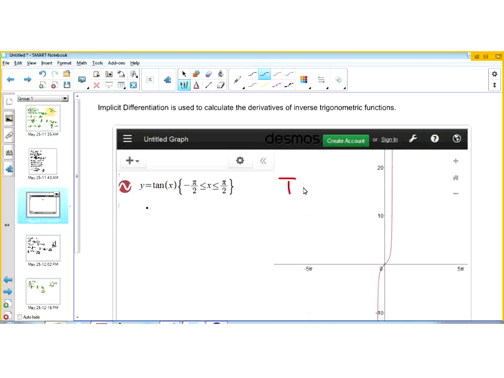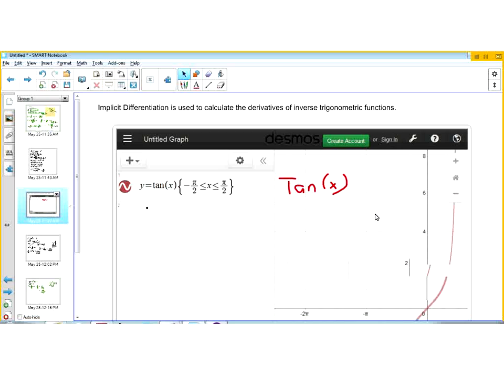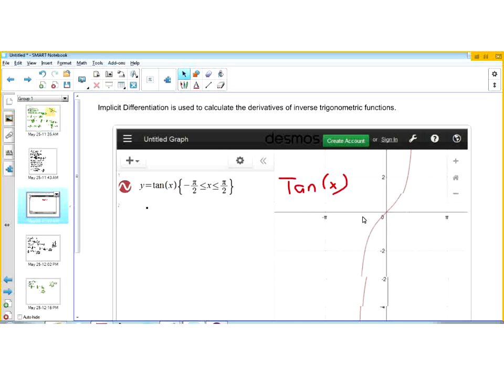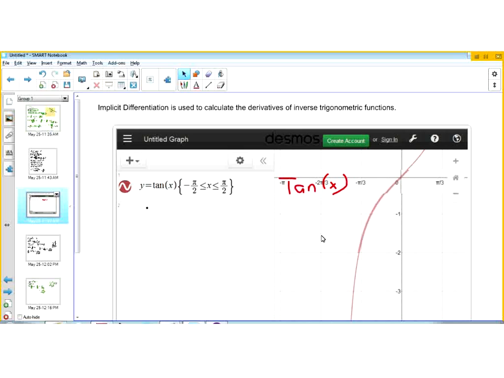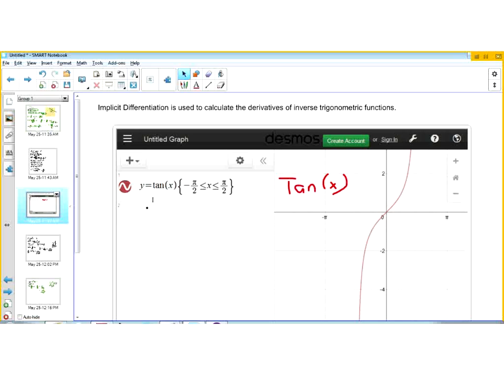So the graph shown here is principal tan x, written with an uppercase T. Okay, so there's principal tan. And it should be asymptotic. This branch of the tangent function has vertical asymptotes at x equals negative pi halves and at x equals pi halves.